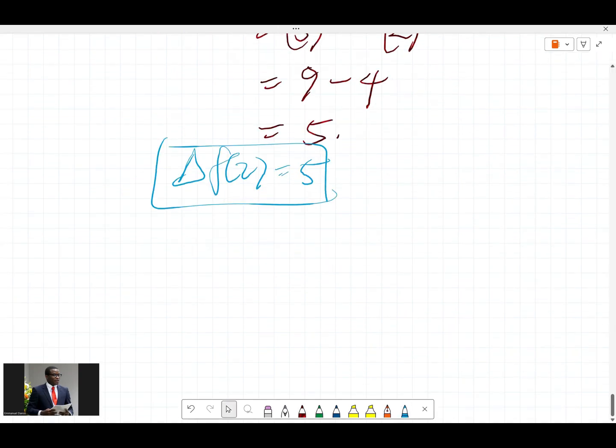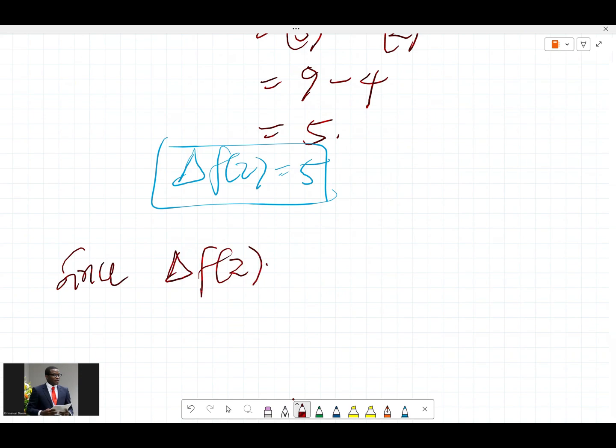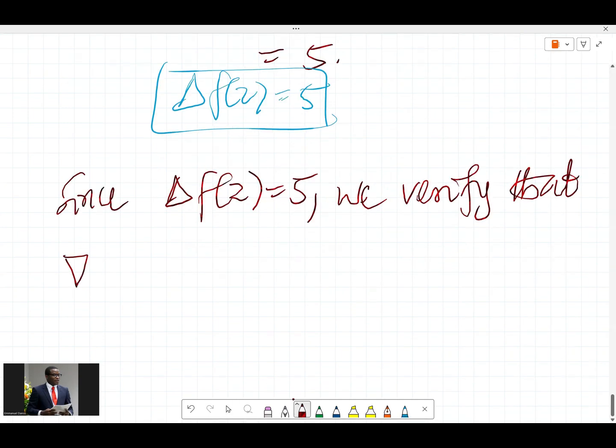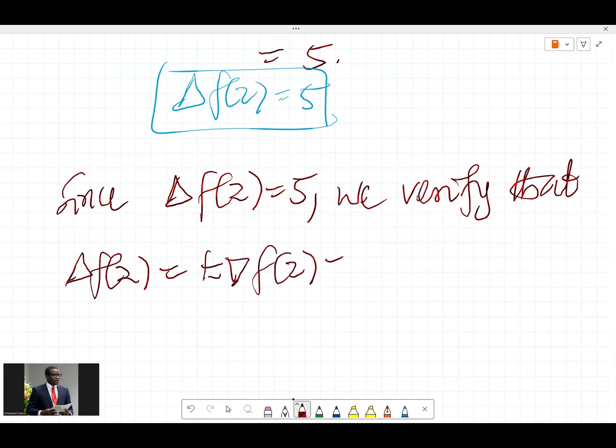Since the forward difference of f of 2 is equal to 5, we verify that the forward difference of f of 2 is the same thing as the shift operator together with the backward difference of f of 2, and all of that is equal to 5.